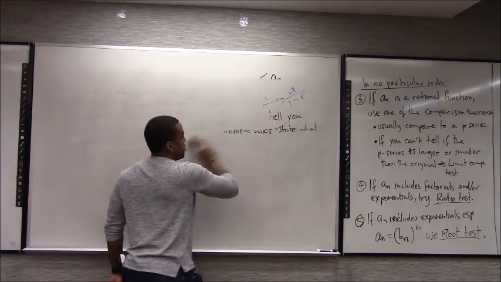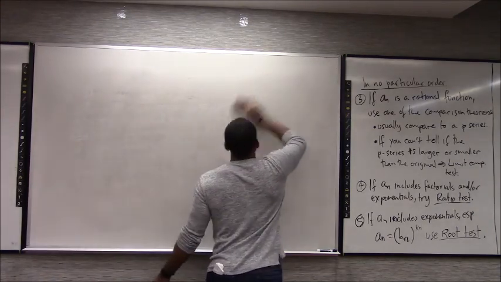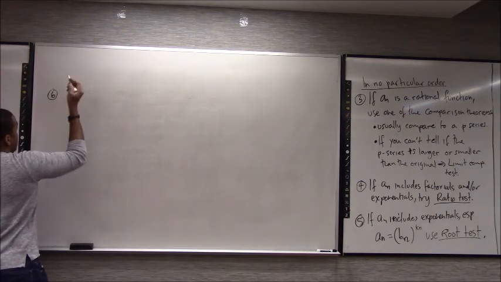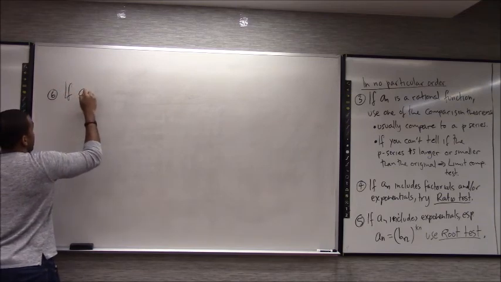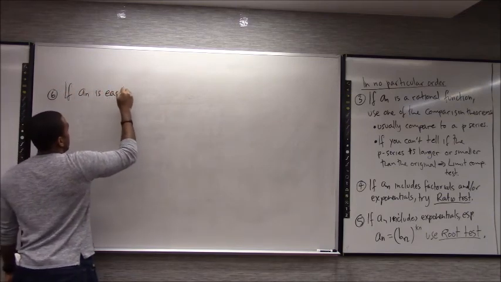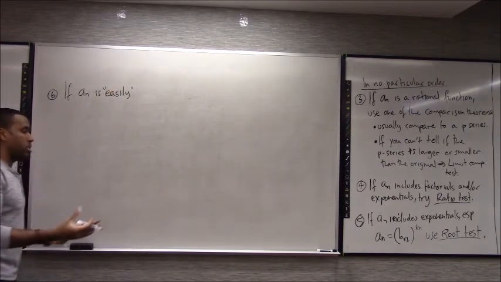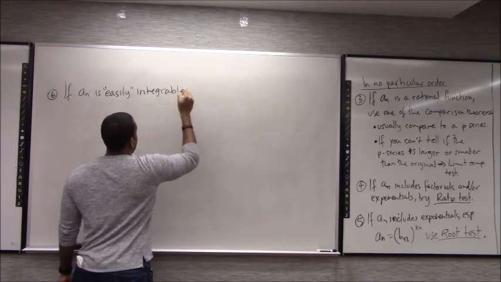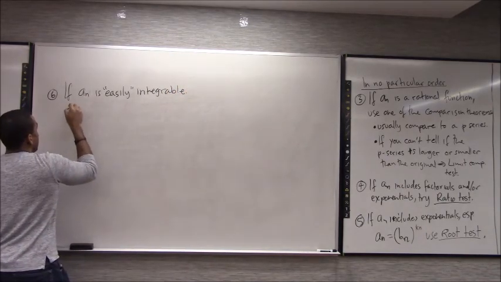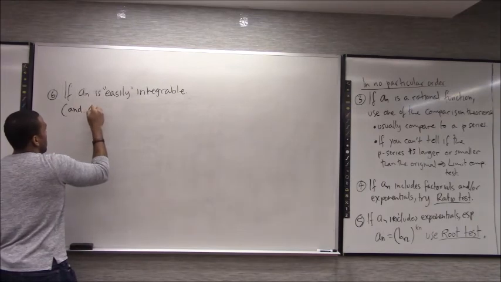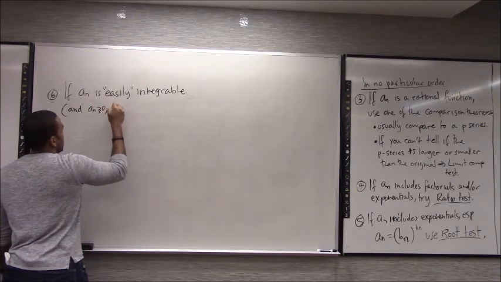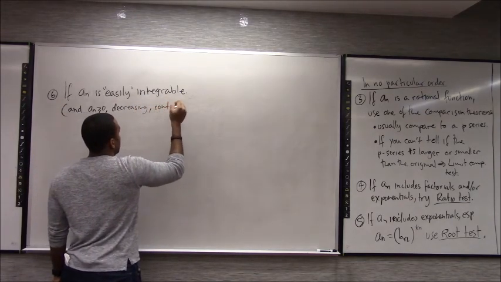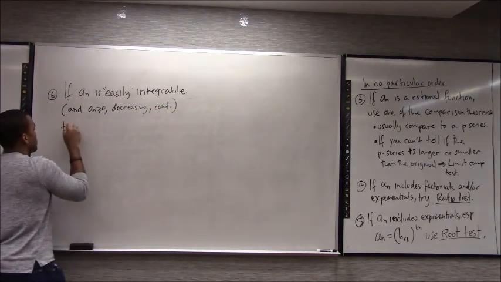Now, probably something that's going to be a little bit harder to spot, only a little. Not great with integration, so it's going to be a lot harder to spot, but maybe you can spot it. If a_n is easily integrable, by easily I just mean you can spot a technique right away to do it, and of course it goes without saying, but a_n is positive, decreasing, and continuous when thought of as a function, try the integral test.